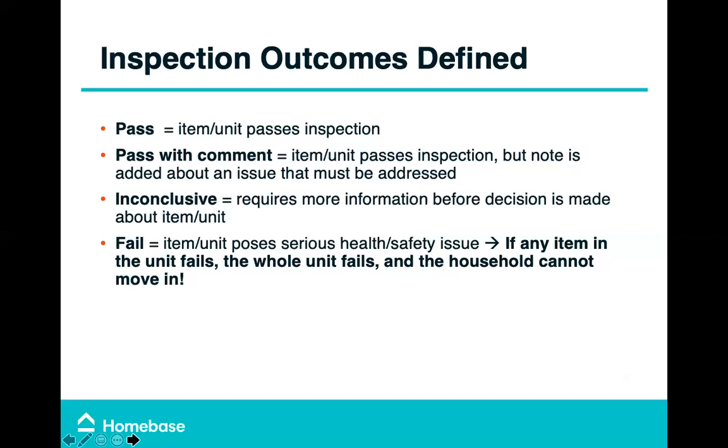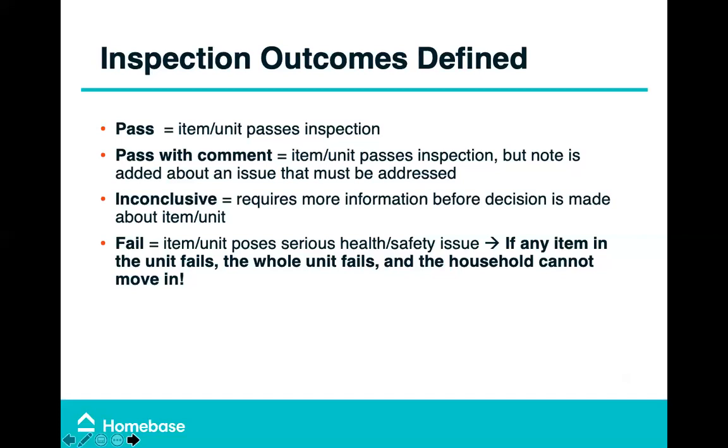Fail just means that it's something that's missing or something that's so seriously deficient that it causes a health or safety issue. And if anything in the unit fails, the whole unit fails. So it could be possible that the unit's in great condition, but it's missing a bathroom sink. Okay, that's obviously a fail.